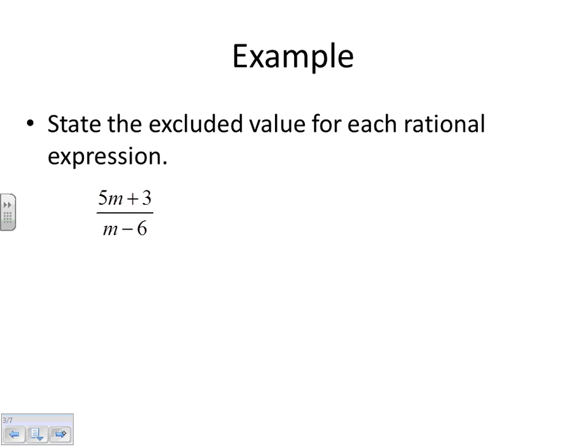Okay, so first we're going to talk about stating the excluded value for each rational expression. Remember, the denominator can never be 0, or else we'll get an undefined answer, and we don't want that. Here my denominator is m minus 6. So I'm going to take m minus 6 equals 0. Add 6 to both sides, and m equals 6.